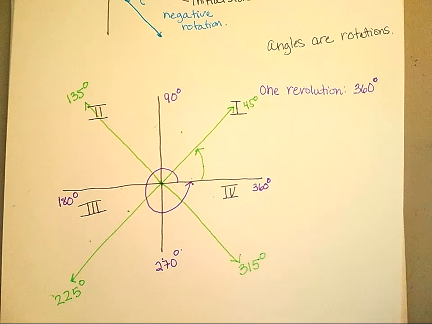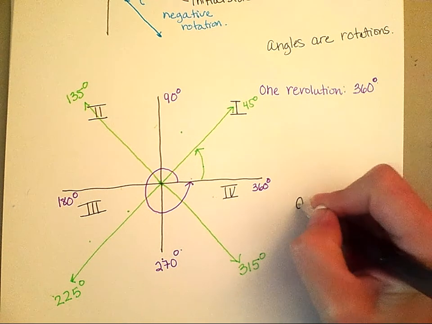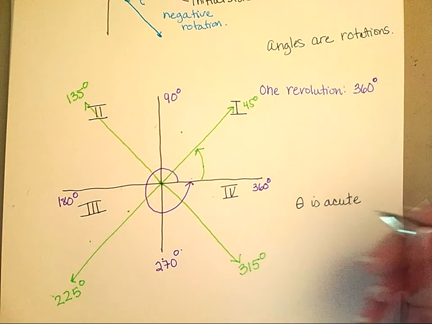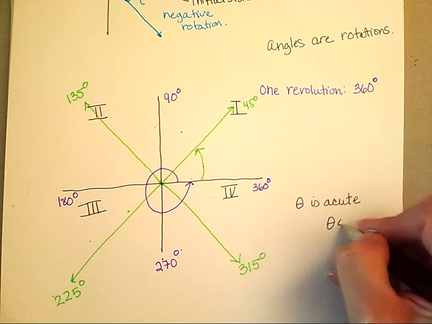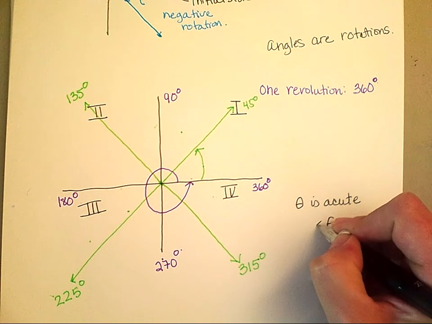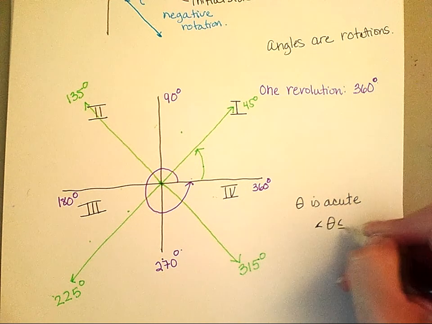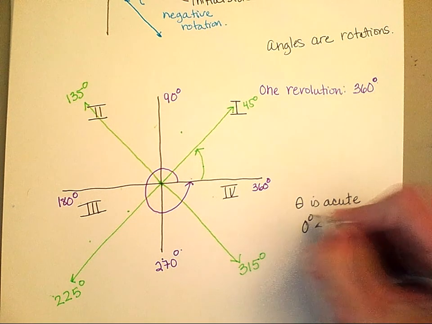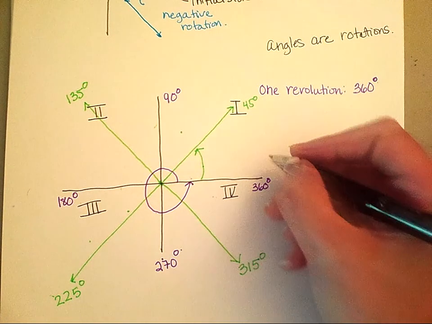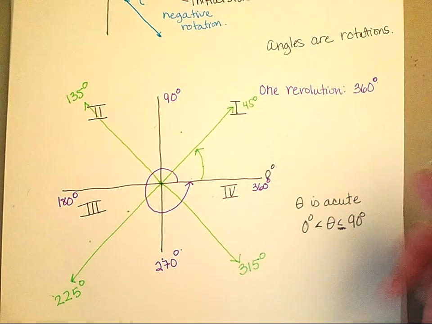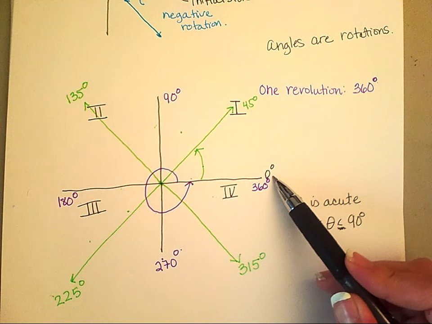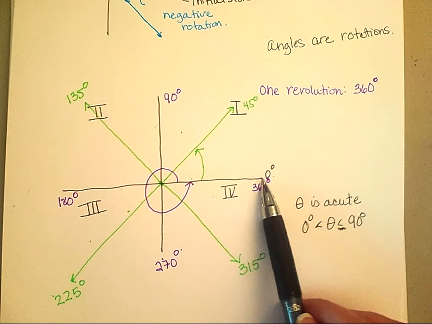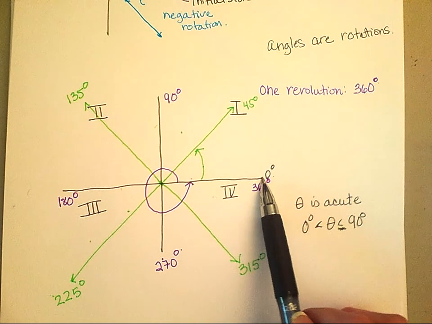And just to review some terminology, we will say that an angle theta is acute if that angle is less than 90 degrees, but bigger than 0 degrees. And 0 degrees is the same as 360. Again, we're going to think about angles as rotations. So the angle of 0 degrees is I go nowhere.